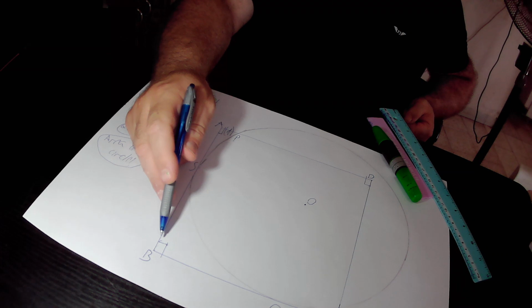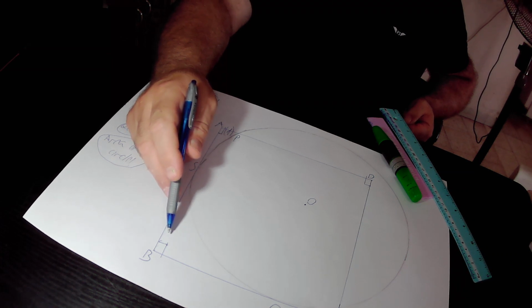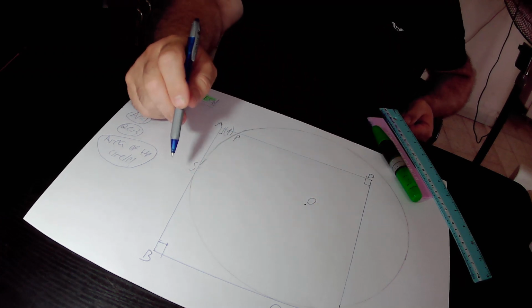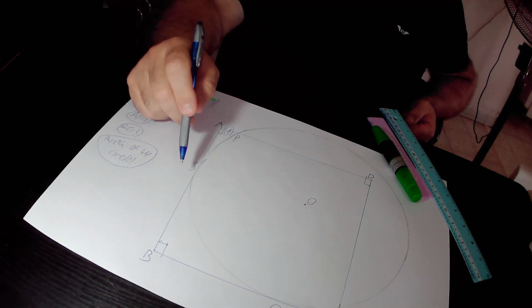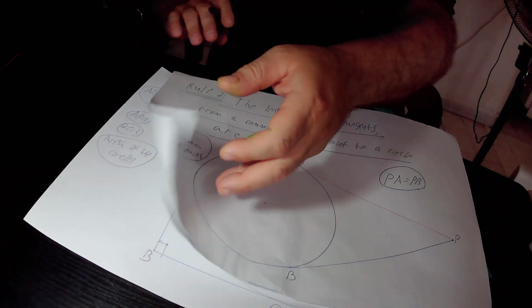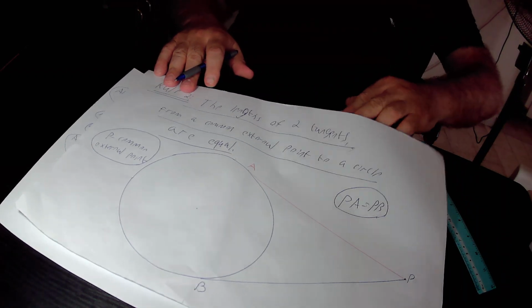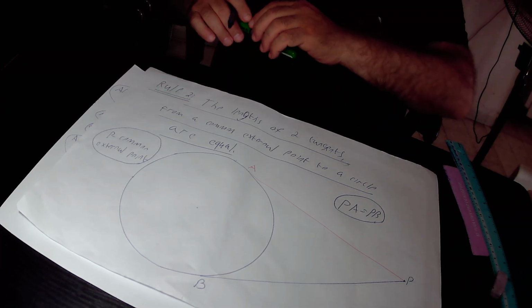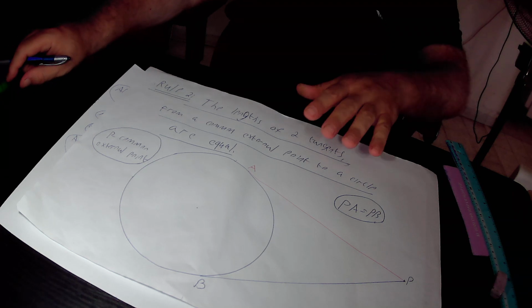From the common external point B, we have two tangents to this circle, tangent BS and tangent BQ. And according to rule 2, they are equal to each other. So I will quickly recap rule 2. According to rule 2, the lengths of two tangents from a common external point to a circle are equal.